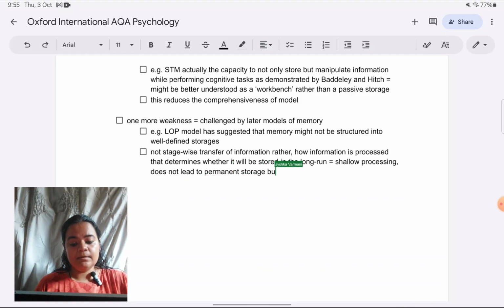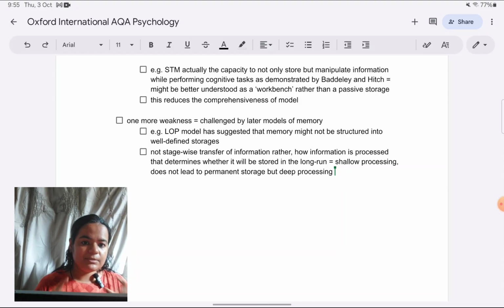But deep processing of information, like in the form of meaning of information, if that is understood rather than just seeing the structure of words or just rhyming words with others, like parrot learning type, so if information is understood semantically or deeply, it does result in long-term storage.